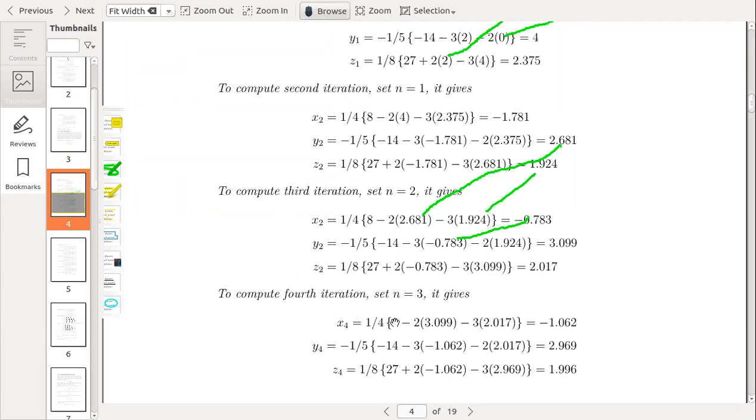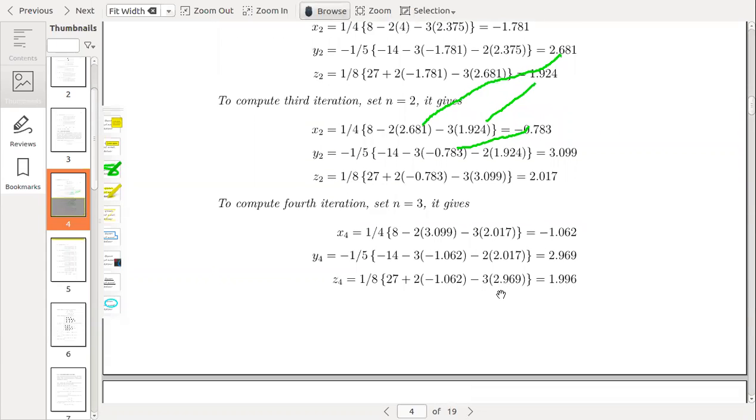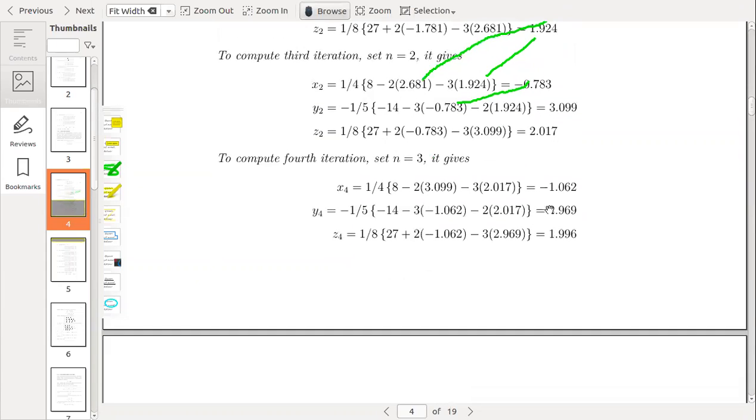To compute the fourth iteration, set n is equal to 3. It gives x4 is equal to 1 by 4, 8 minus 2 into 3 minus 3 into 2.017, equal to minus 1.062.